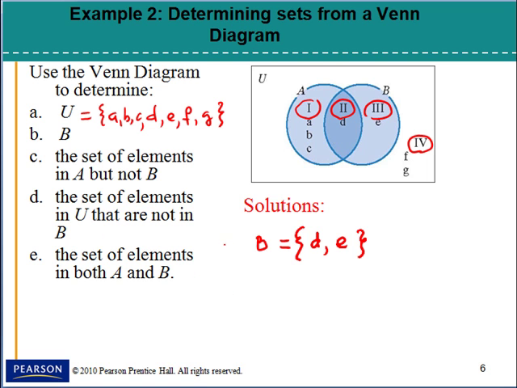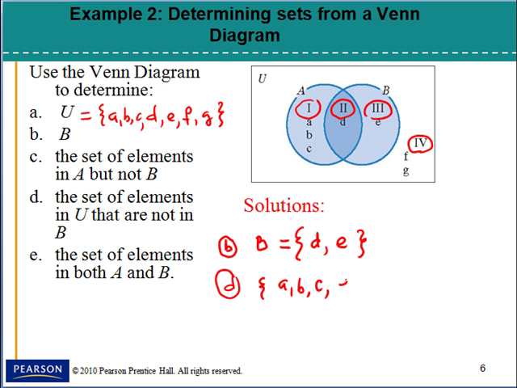For the next part, we're looking for the set of elements in U that are not in B. That gives me all the elements belonging to the universe but not in B. Since it is not in B, we have to exclude regions 2 and 3, because these regions belong to set B. So we only count A, B, and C. And then we have to count outside here.